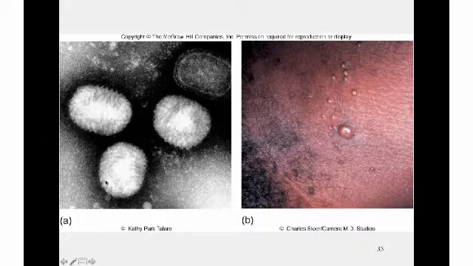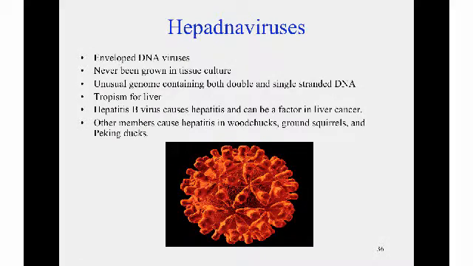So this is actually a picture on the left of the hepatitis virus. Now, as far as the hepadna viruses, these have never been grown in tissue culture, so all of these Hep A, B, and C are within this family, and like I said, they lead to long-term effects.